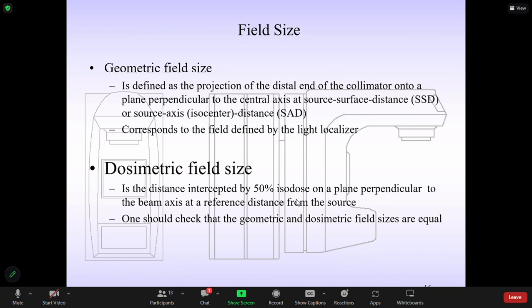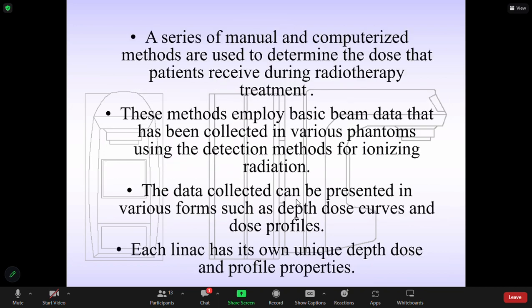And normally we should check both the physical as well as the dosimetric. And that's why when you do a treatment plan, you always look at what my 50% dose distribution is. If my 50% is way too big, I need to do something about the field size.